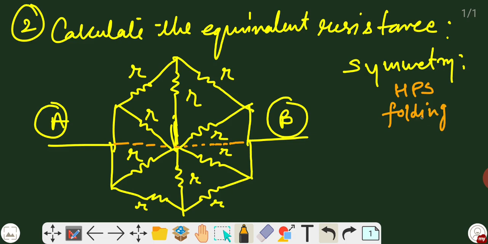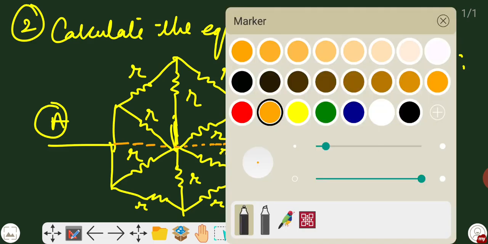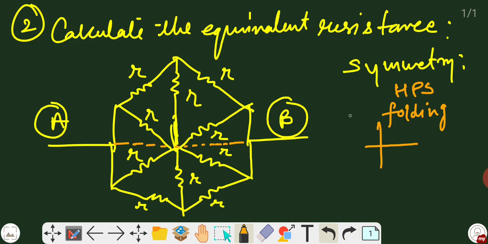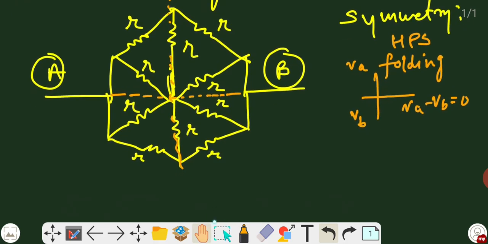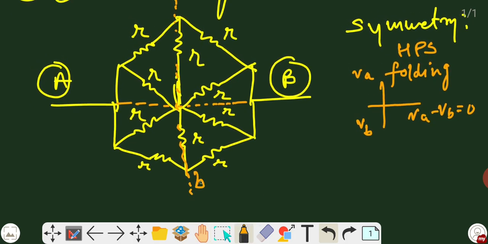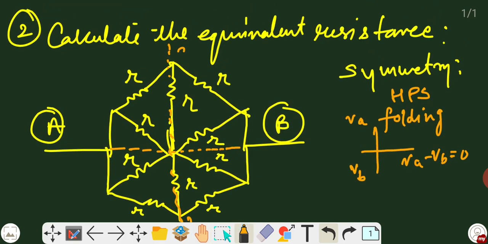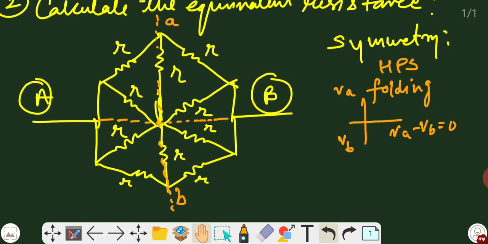The thumb rule is that when you are considering the HPS, the line drawn on this HPS possesses equivalent potentials, that is VA minus VB equals 0. These are the two nodes which are ending at this, here B and here A. Just as you fold a book, the corners of the book meet again at the same point.